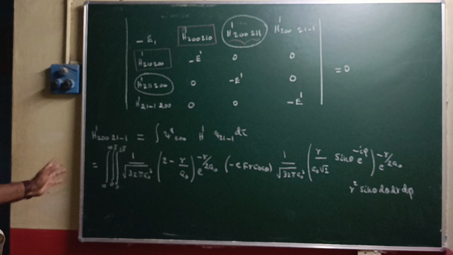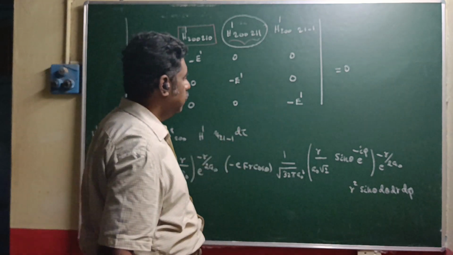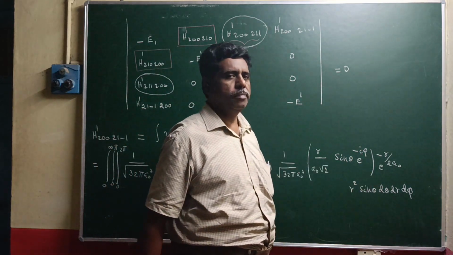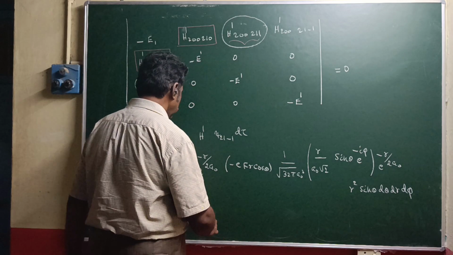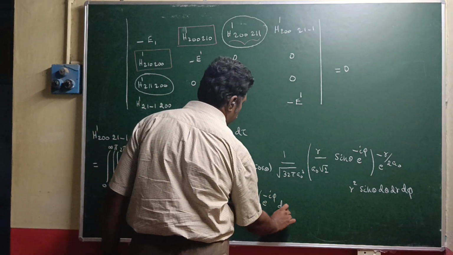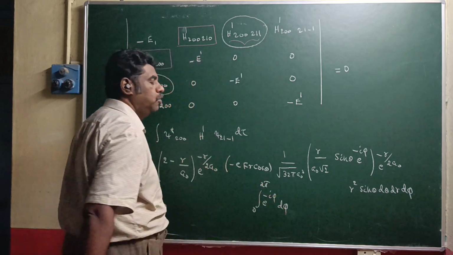If you align the terms, we can get the phi term in terms of e power minus i phi into d phi. The phi term value is e power minus i phi into d phi, limit varying from 0 to 2 pi.